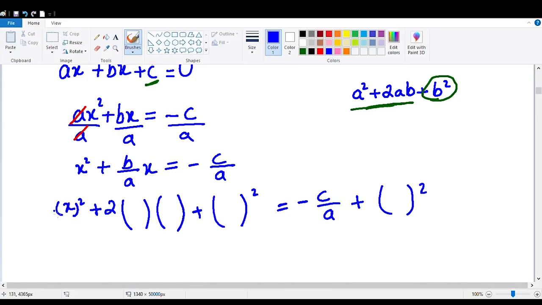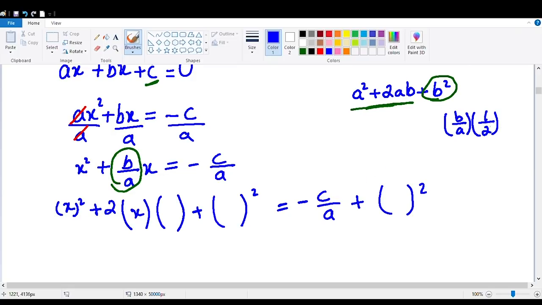Now the a term is x, basically a, in one sense you could say. And for the b term, we're going to multiply the coefficient of x, which is b over a, by 1 over 2, to get the value of b, so that we can get b squared.